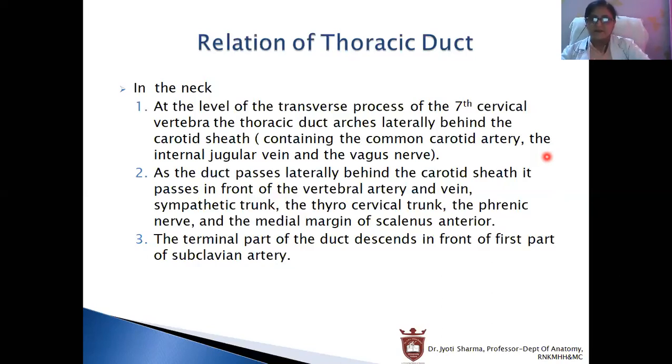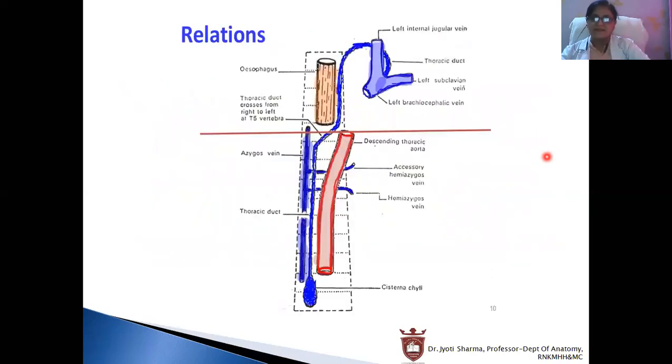The terminal part of the duct ascends in front of the first part of subclavian artery. Here we can see the relation. This is the aorta, this is the thoracic duct, this is the azygous vein, this is the aortic opening of diaphragm, this is esophagus, and this is the termination.